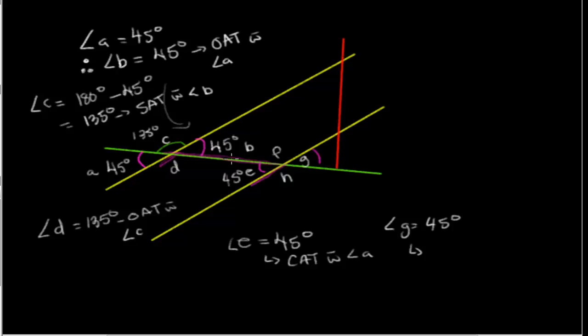So I have the Z going here, and they're on the exterior of the Z. So these would be EAAT, 45 degrees, so that's G. And now I can find F a couple of ways, but I'm going to find angle F is equal to 180 minus 45 degrees, which I already know is 135.